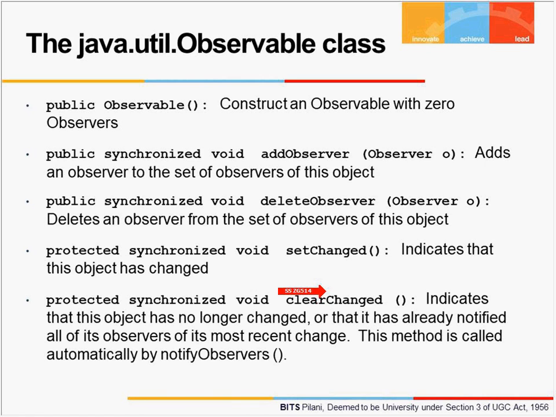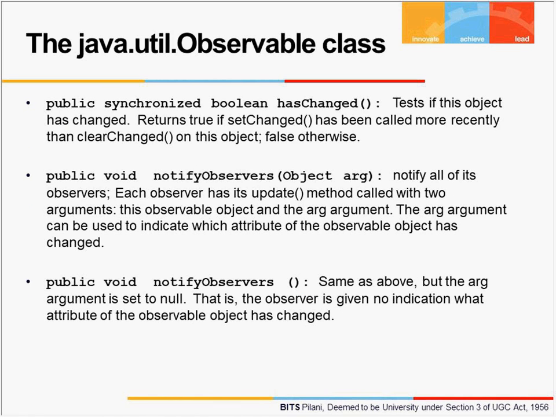So once it has notified all the observers, it clears the change, so that there is no repeat notification being sent to the observers. Once all the observers have been notified of the recent change, you clear the change so that no repeat notification is sent to the observers.